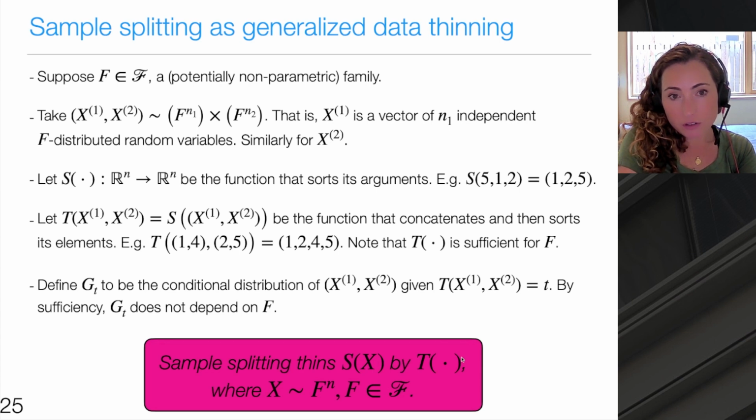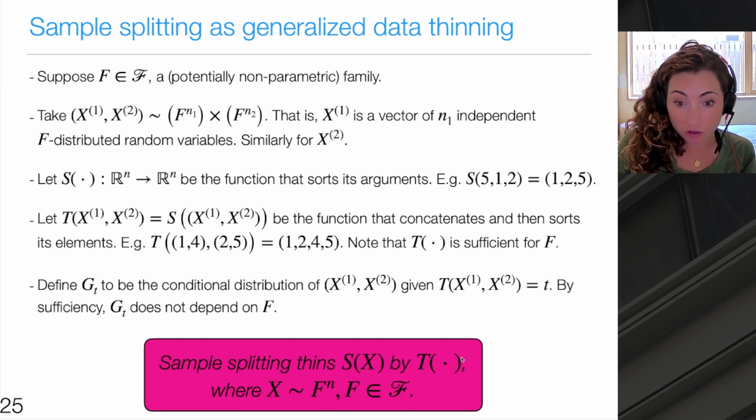But that fits directly into our definition of data thinning, where the function we use to recombine the training and test set is just concatenation.